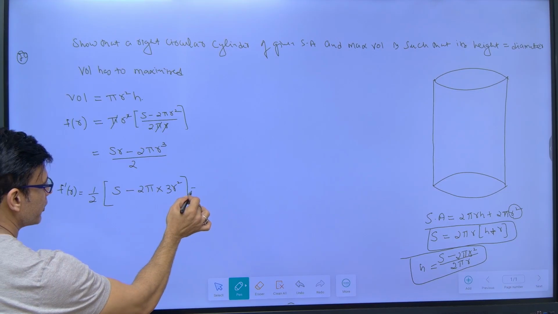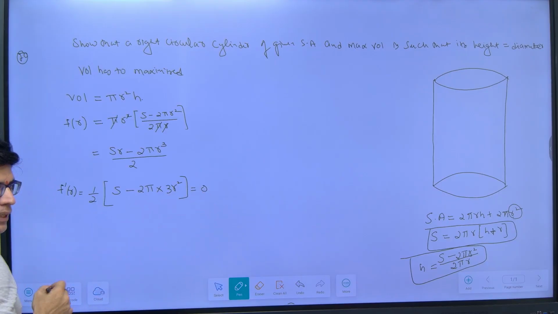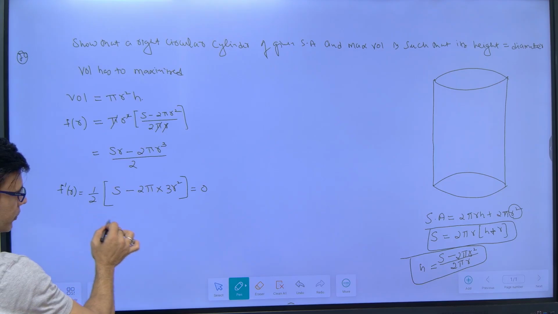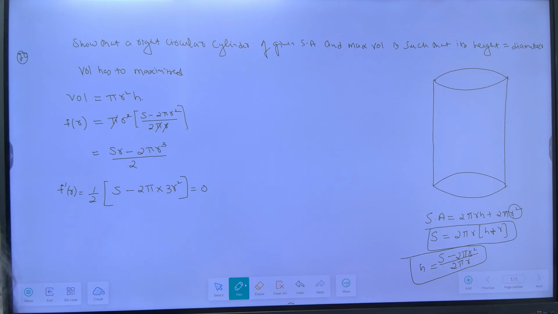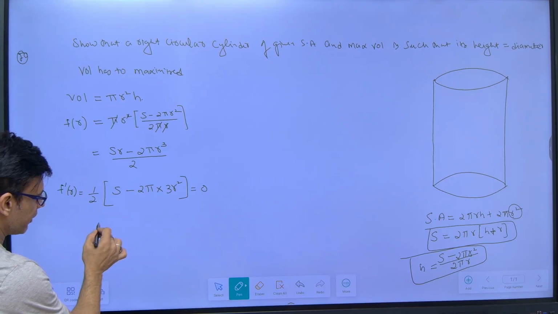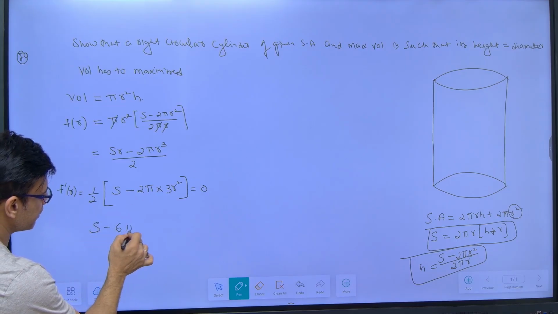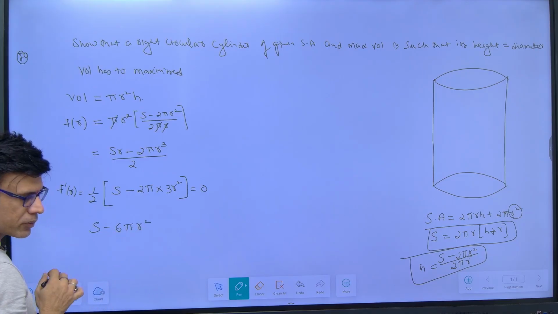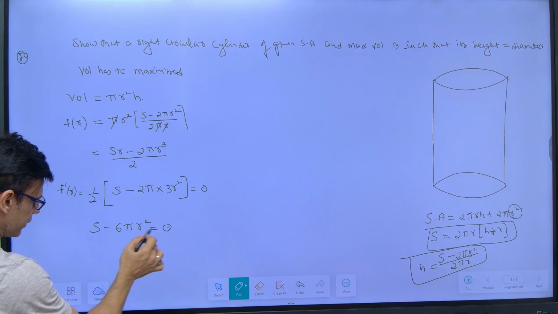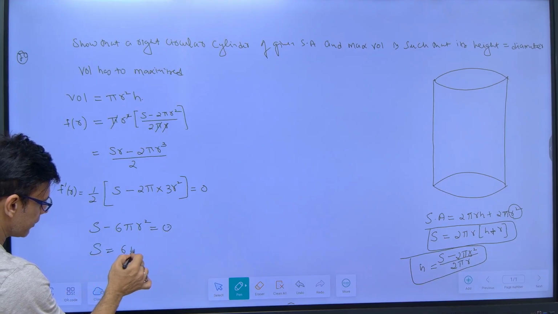When I'm going to send you this video, after that watch it and everything will make sense. For now just watch. This 2 first will go there, 2 zeros are 0. And after that you are left with what? S minus 6 pi R square is equal to 0, so S is equal to 6 pi R square.